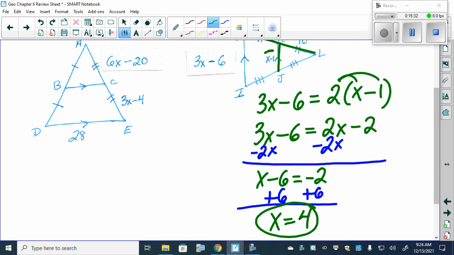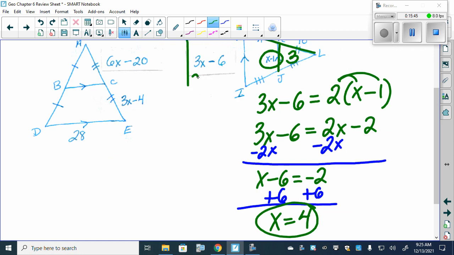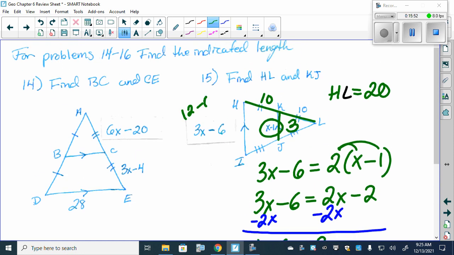So 4 minus 1 is 3. Over here, if we did 3 times 4, 3 times 4 is 12, and 12 minus 6 is 6. Is the mid-segment equal to half the third side? This 3 is equal to half of 6. Well, half of 6 is 3. And that's it.